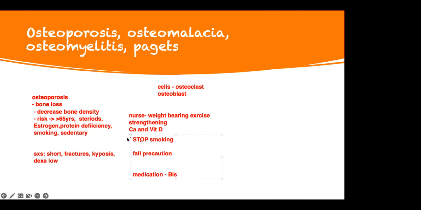If you see this, bisphosphonate, don't forget, every time you hear about bone problem, you got to choose this answer, okay? Bisphosphonate. They are alendronates. It's a class of medications that usually help you to build your bone.